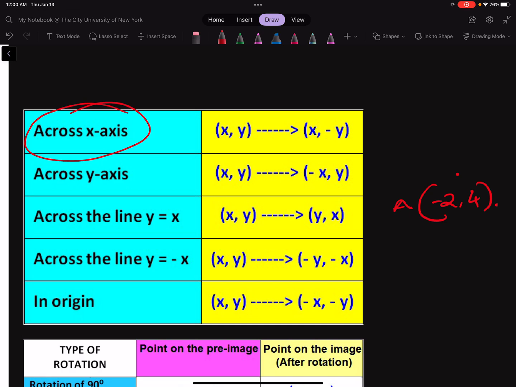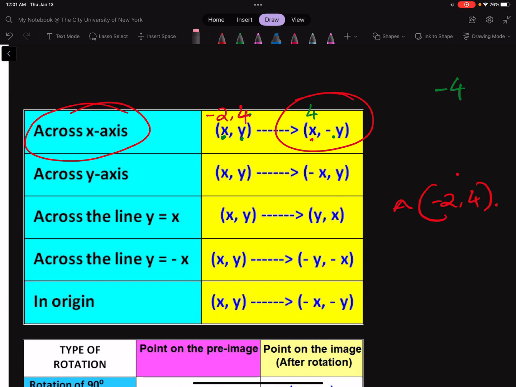So you have two ways to do it. Go straight for the formula. Your x is -2 and y is 4. So what happens? x remains as it is.